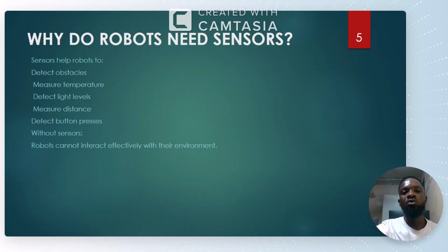So considering the two videos that we showed, you could see that robot A, just as I said, was dancing in a room, a song was playing, and it was able to interact. It was able to follow the music, the sound, and everything. So that is telling us that it has been programmed, and the sensor is what is causing it to dance to the song without causing any damage. Are we together?